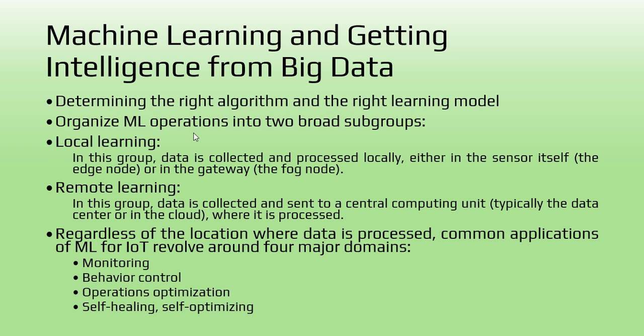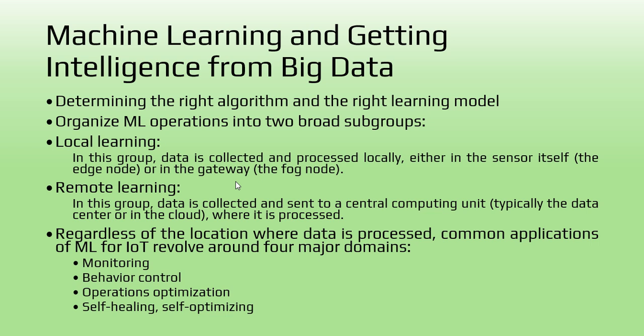Machine learning operations are organized into two broad subgroups: local learning and remote learning. In an IoT application, we know that there are edge nodes and fog nodes, sensors and gateways. In local learning, data is collected and processed locally, either in the sensor itself or in the gateway.